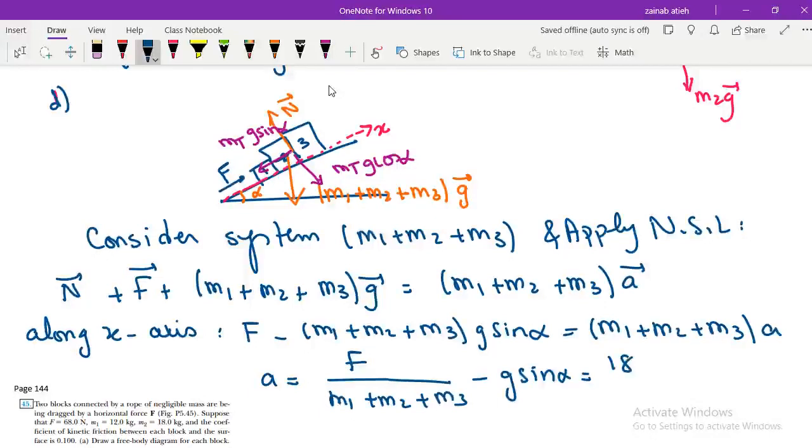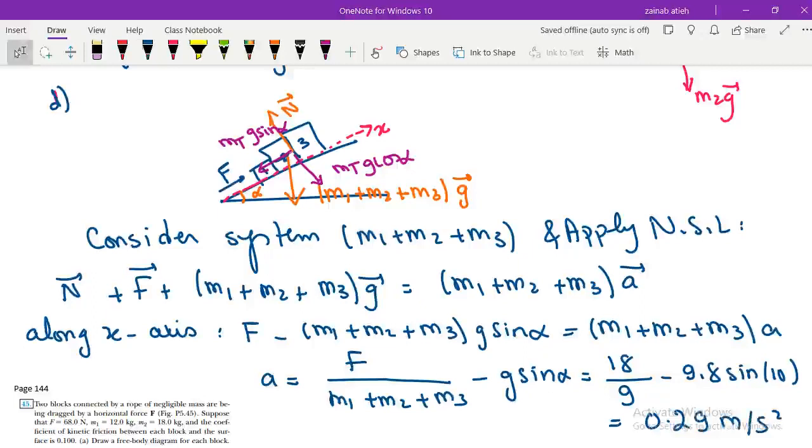F was 18, we had masses 2 plus 3 plus 4, which is 9, minus g, which was 9.8, and sine 10, which is equal to 0.29 meter per second squared, because you are searching for an acceleration.